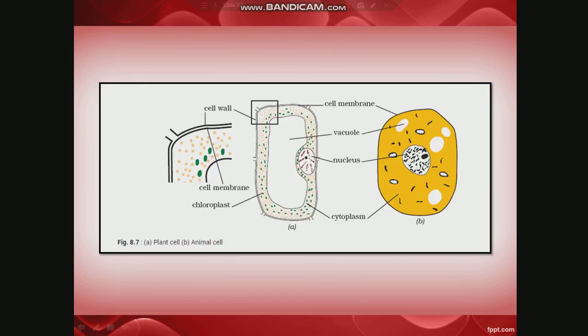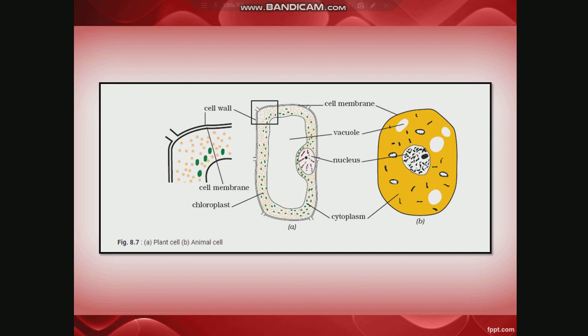So this is a diagram which clearly shows you the difference between a plant and an animal cell. The first is a plant cell and the second is an animal cell. In the plant cell you can see a double lined outer covering, where the inner one is your cell membrane or plasma membrane, whereas the outer one is your cell wall, and this cell wall is actually a non-living component of a plant cell, whereas the cell membrane is a living component in both plant and animal cells.